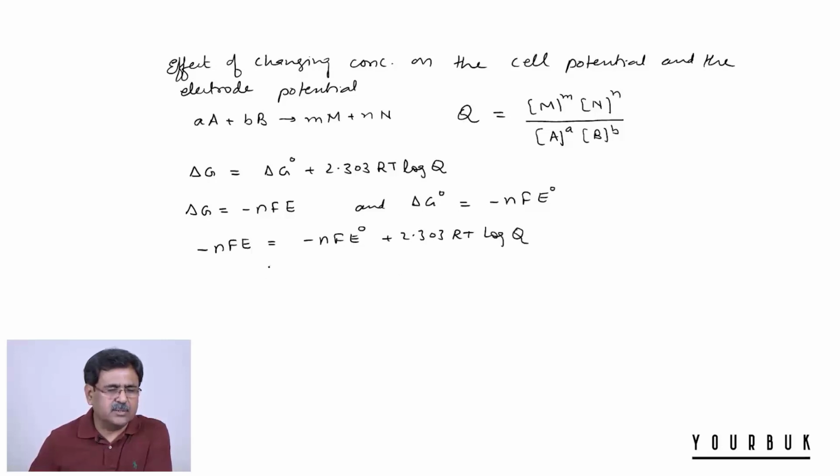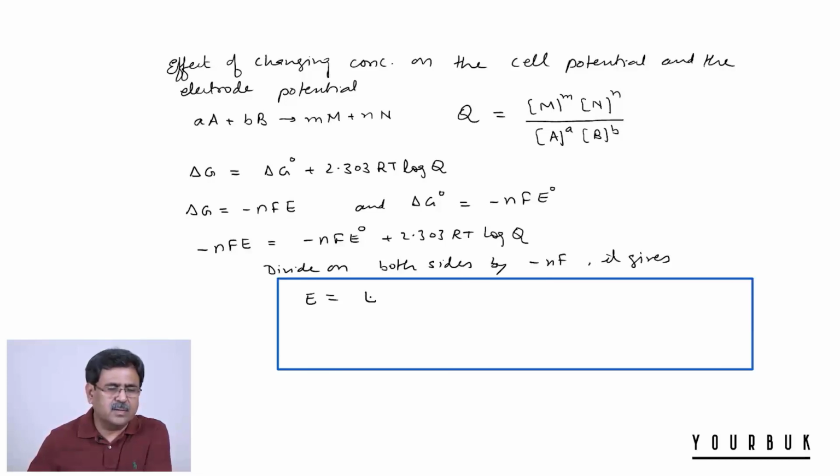Now, divide both sides by minus nF. So, it gives this equation: E is equal to E degree minus 2.303 RT upon nF log of Q. This equation is known as the Nernst equation.